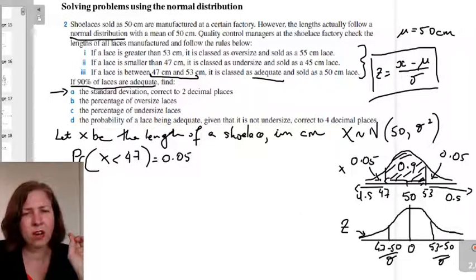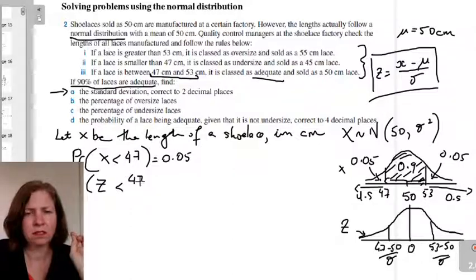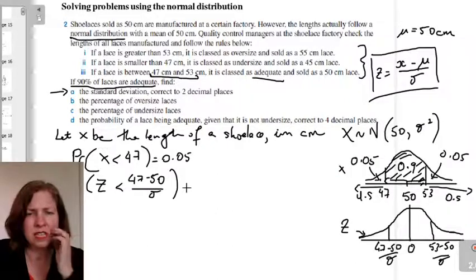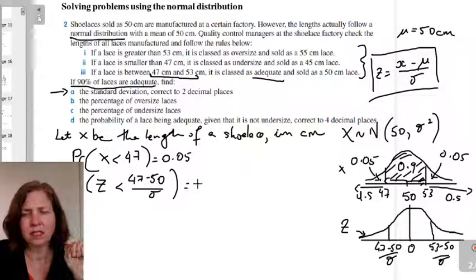So now I transform that into a Z value. The probability that Z is less than, well, that's this value here, 47 minus 50. And I'm writing it out rather than going straight to the answer of that. The simplified version is going to be 0.05 because this area here is equal to this area here.